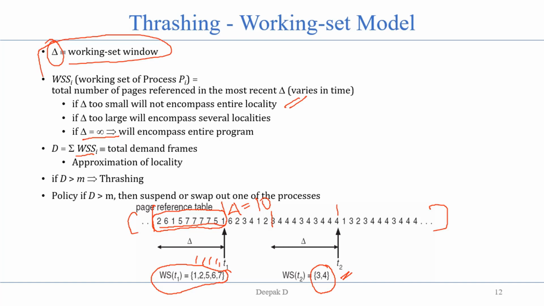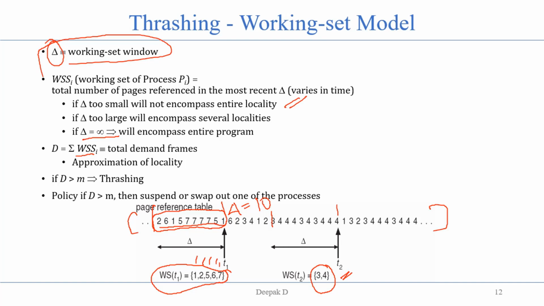It means D is the total demand of frames for each and every process which is actively using pages in its working set. If this total demand D is greater than the total number of available frames, then thrashing will occur.